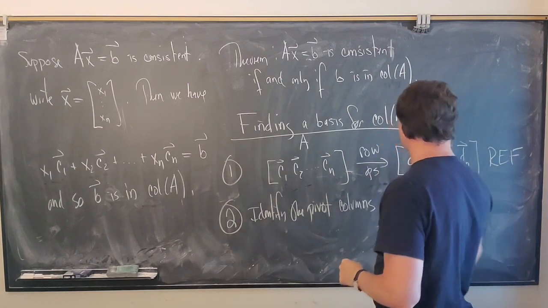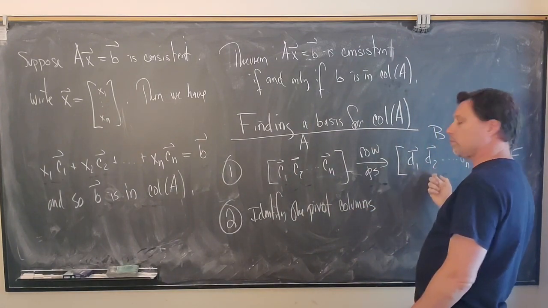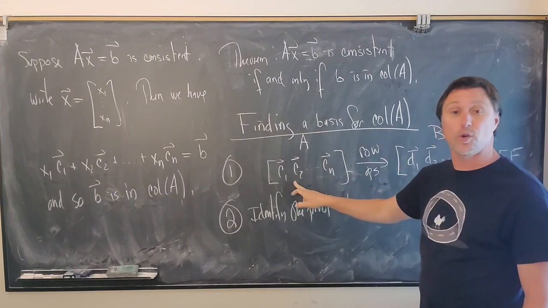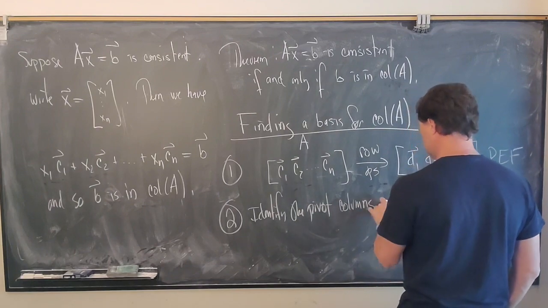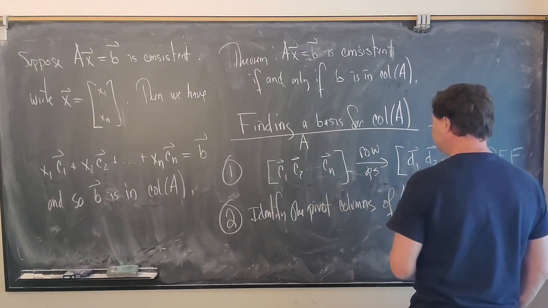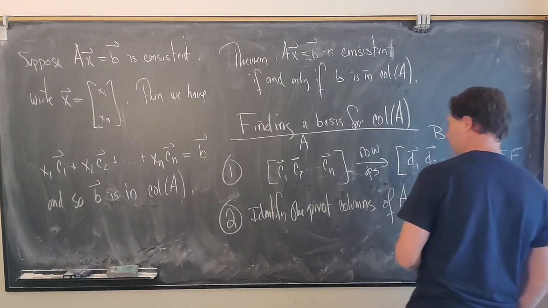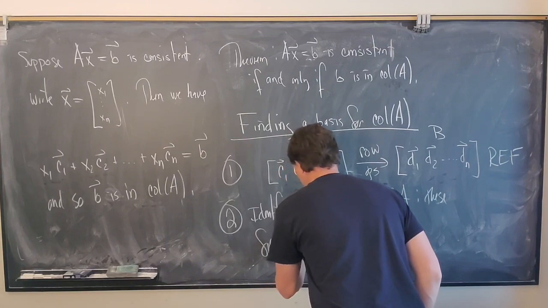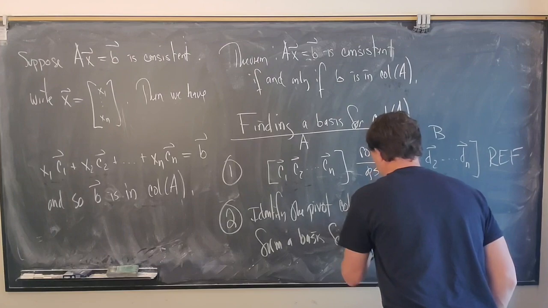Now, remember, if column 2 of B is a pivot column, then column 2 of A is a pivot column as well. And so we want to identify the pivot columns of A. These form a basis for the column space of A.